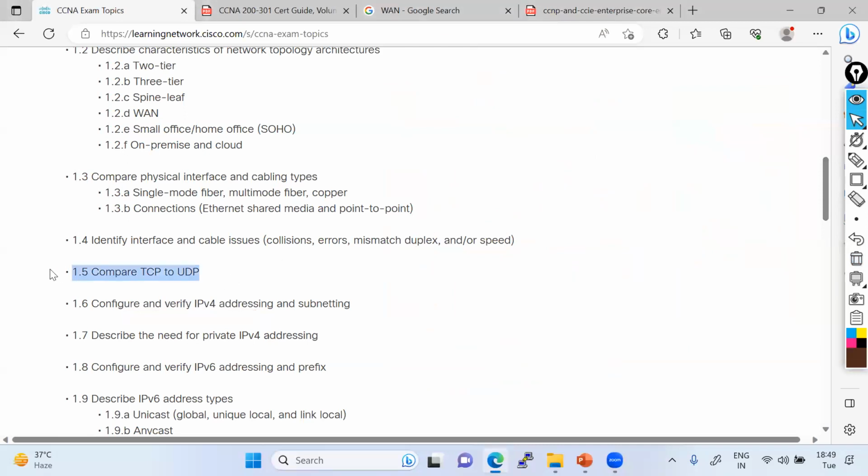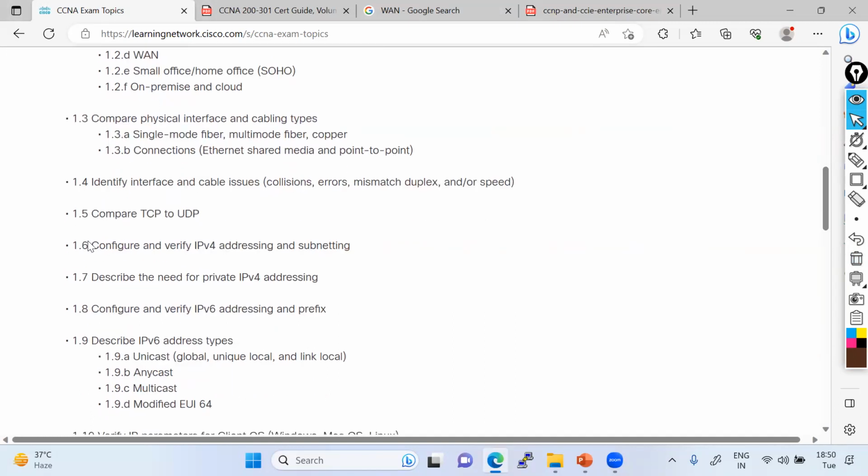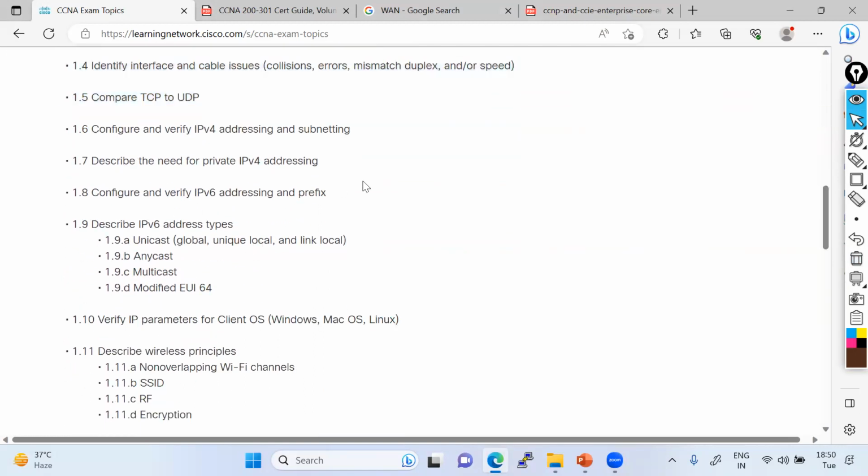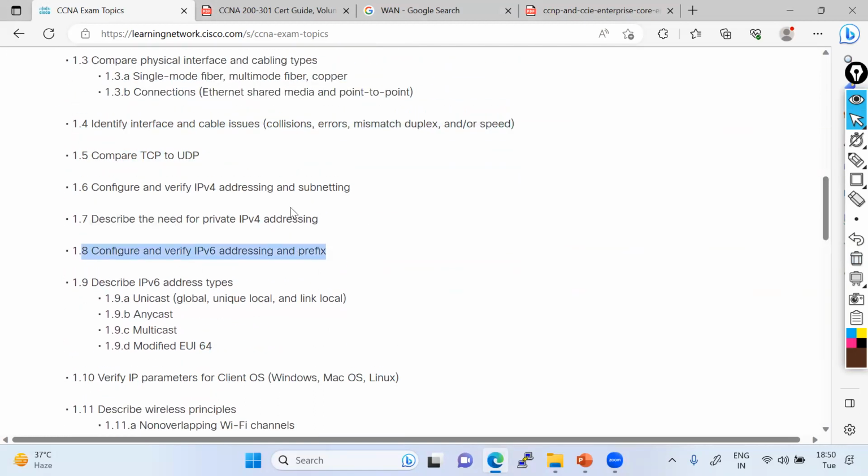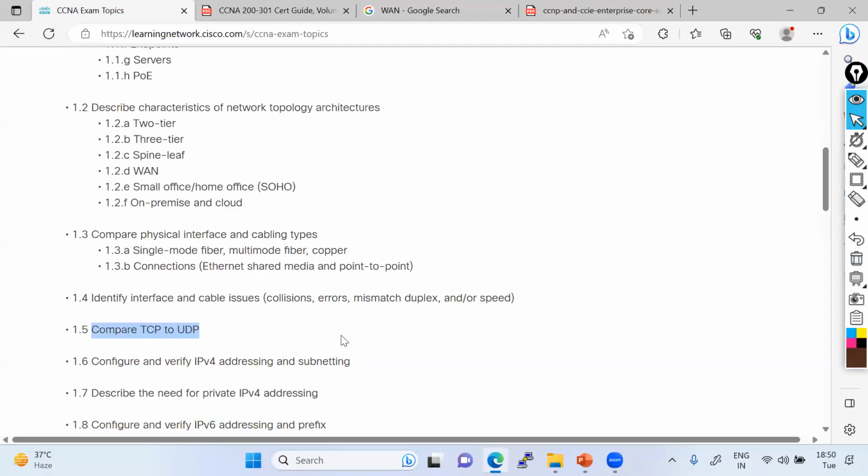IP addressing and all, I believe we have covered already, right? So we are left from here. I'll explain these topics tomorrow, and I'll try to do the IPv6 lab. That's one thing pending. It was supposed to be done yesterday, but somehow I forgot. But I'll complete that also.